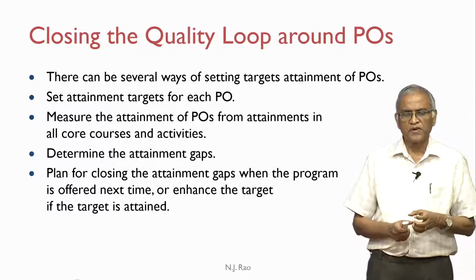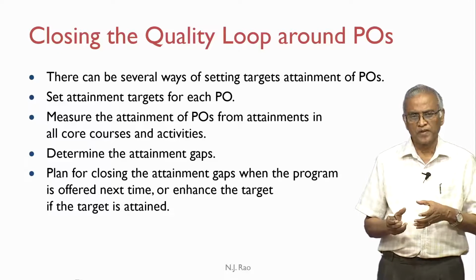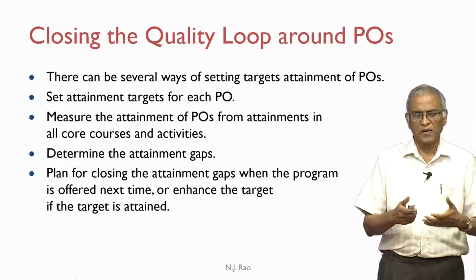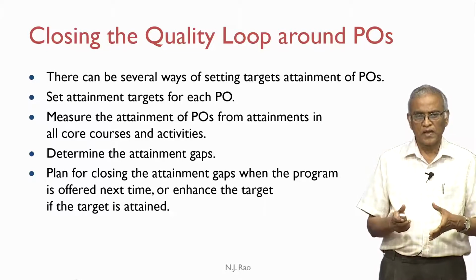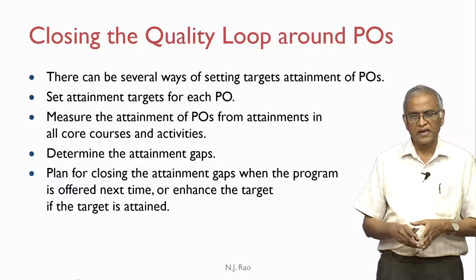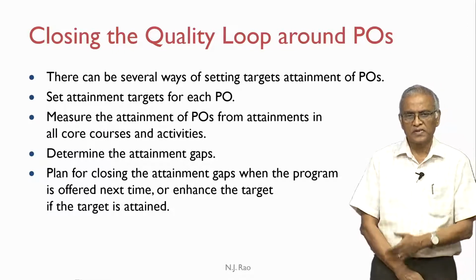There is a difference between attainment of COs at a course level and POs at the program level. POs are defined at the program level. For example, a program may have as many as, let us say, 25-30 courses. That means you are clubbing or integrating the attainments of all this to determine to what extent the POs have been attained.